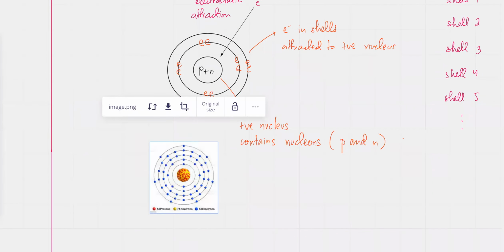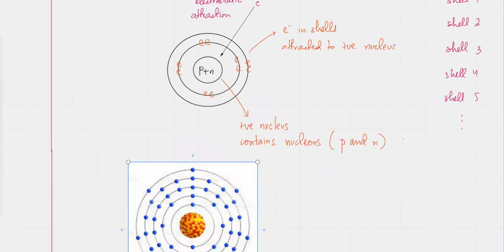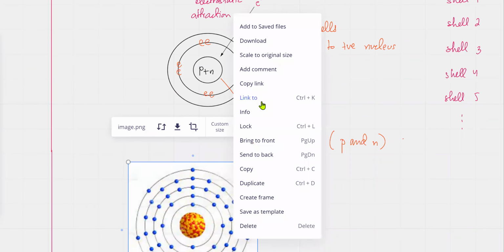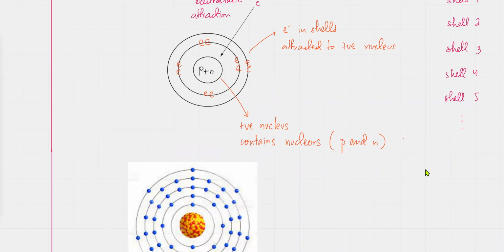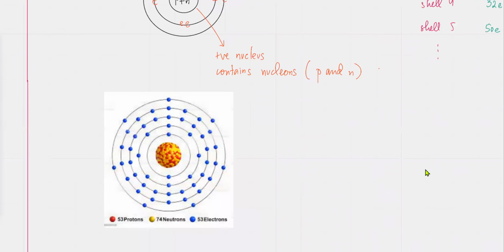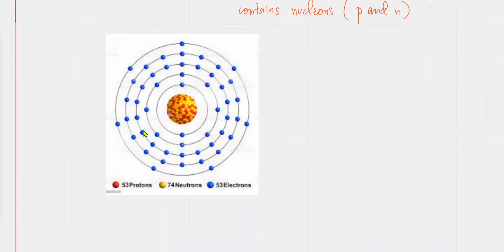So now we've got an iodine atom. Now you can clearly see that as you move away from the nucleus, the size of the shell keeps on increasing. Like this outer one, that's a really big shell. So the maximum number of electrons that could be accommodated in it is large. It's got a lot of shells. This one is shell number 1. This is shell number 2, shell number 3, shell number 4, and shell number 5. Shell 5 would have a maximum of 50 electrons.